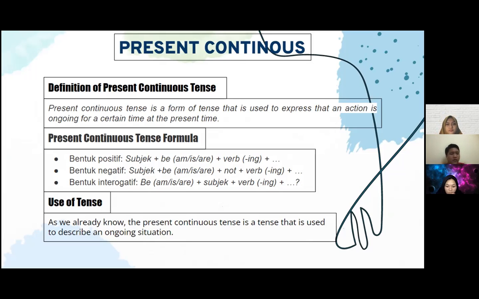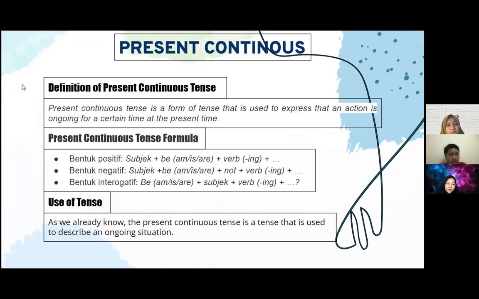The second point, present continuous tense formula. Positive form is subject plus be, like am or is or are, plus verb-ing.